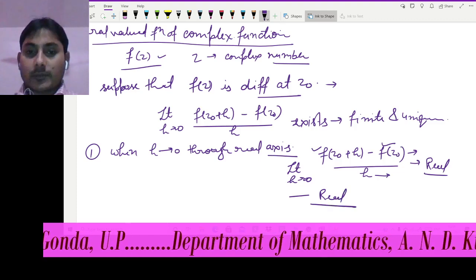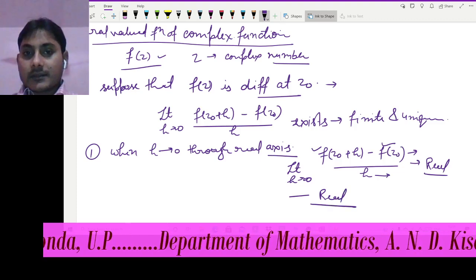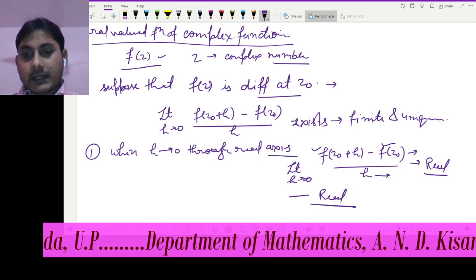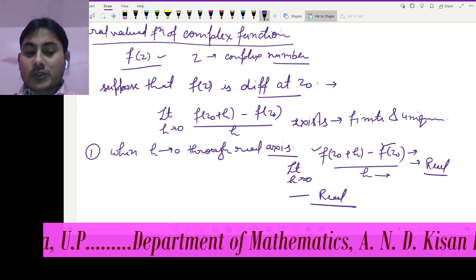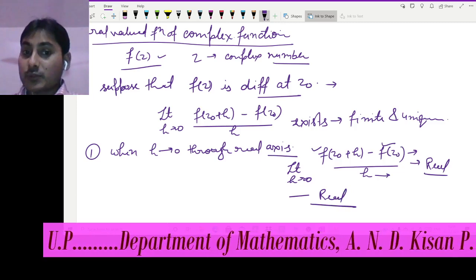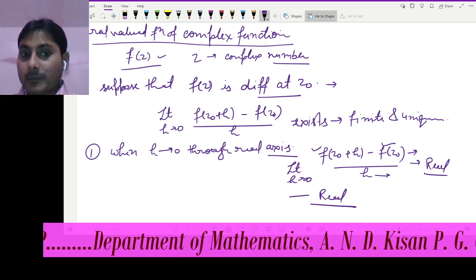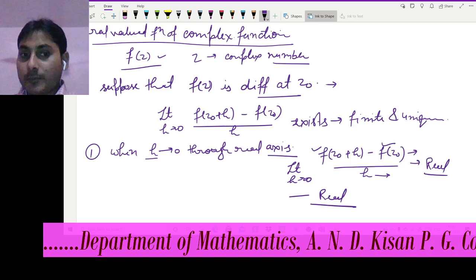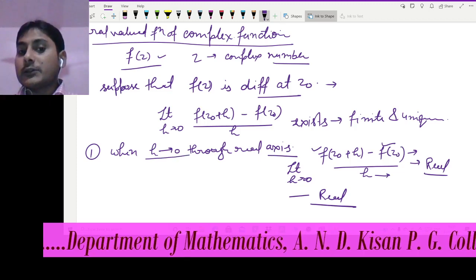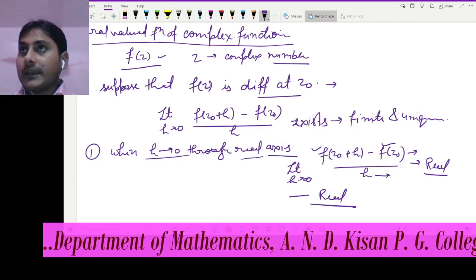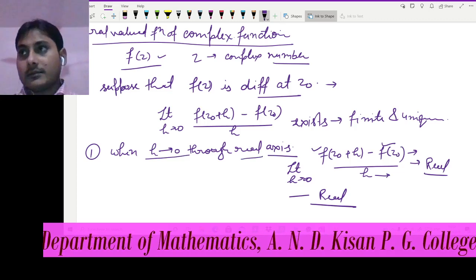Are you getting my point or not? This is the most important thing. You have to understand this, because I'm again repeating, h is approaching 0 through the real axis, it means its values are real.